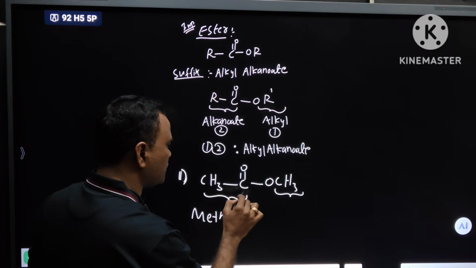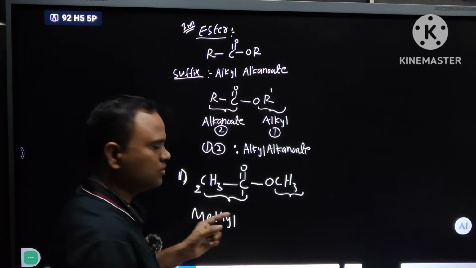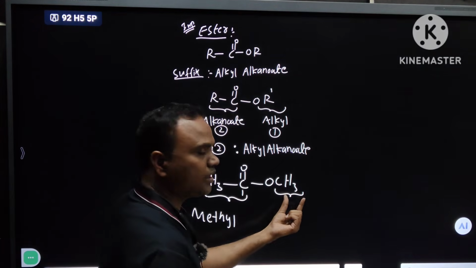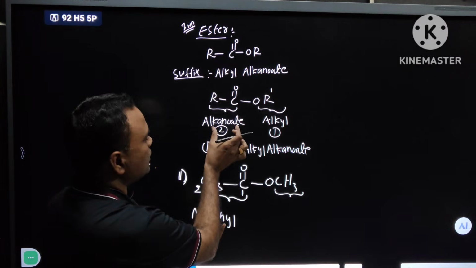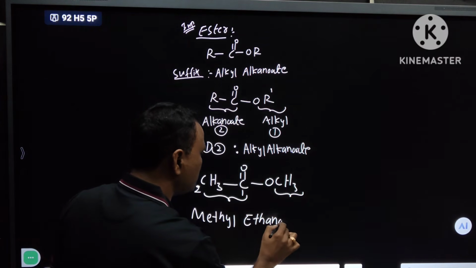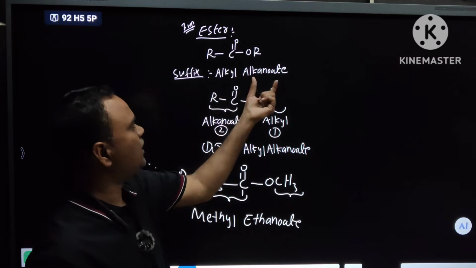Give numbering, 1, 2. 2 carbons. Alkyl, methyl. Tell me alkanoate. Alkanoate means ethanoate. Methyl ethanoate. Alkyl, alkanoate.